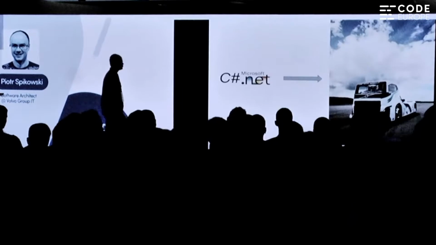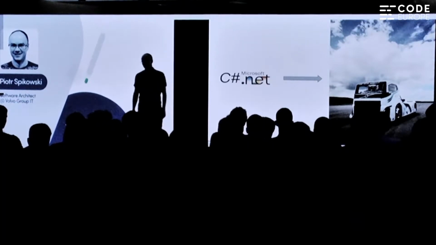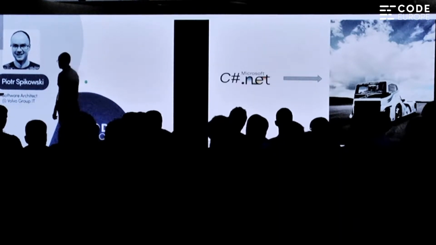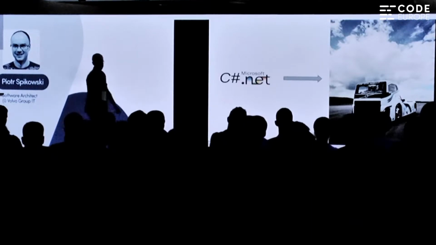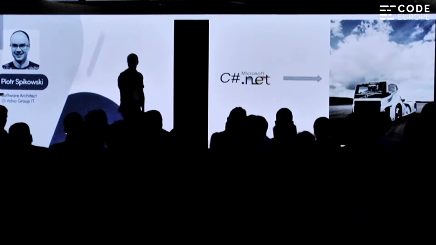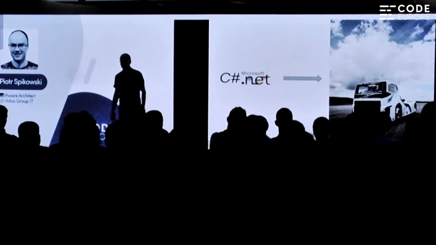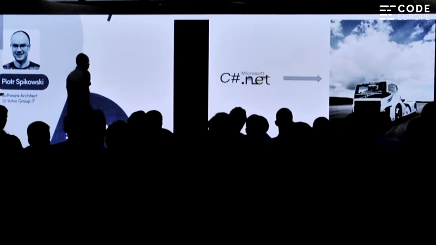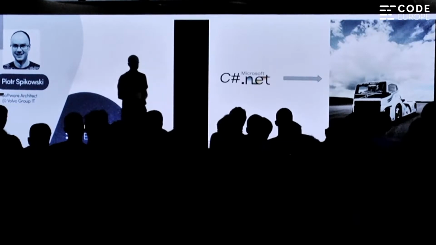But if you have C# code, the question would be whether you are able to say how fast your implementation is. On the right-hand side, you can see an Iron Knight truck. The truck holds the world record. It's the fastest truck in the world. Extremely fast gearbox, strong brakes, 2,400 horsepower engine.